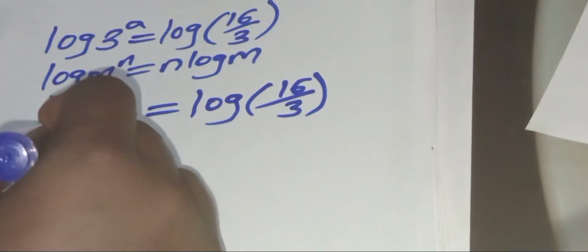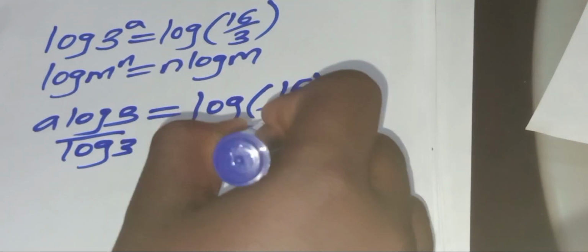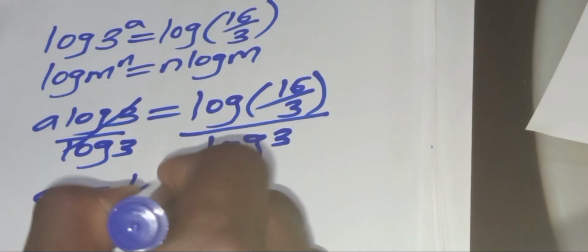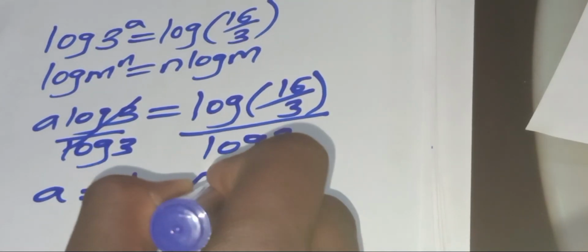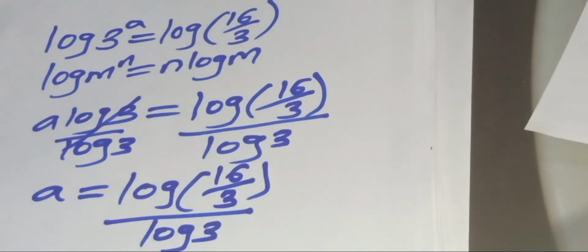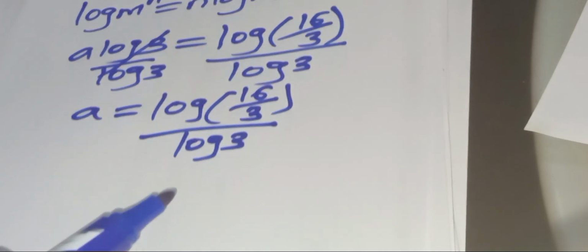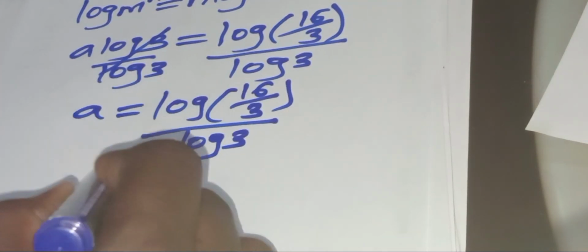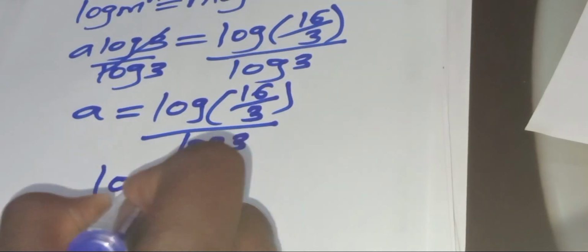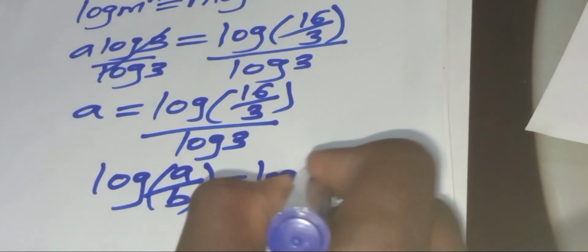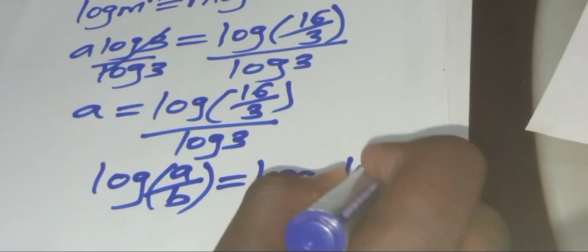Okay, now let's divide both sides by log 3. Now we have a is equal to log 16 divided by 3, divide this by log 3. So we find that log 16 divided by 3 is actually in the form of log a divided by b, which we can express as log a subtract log b.